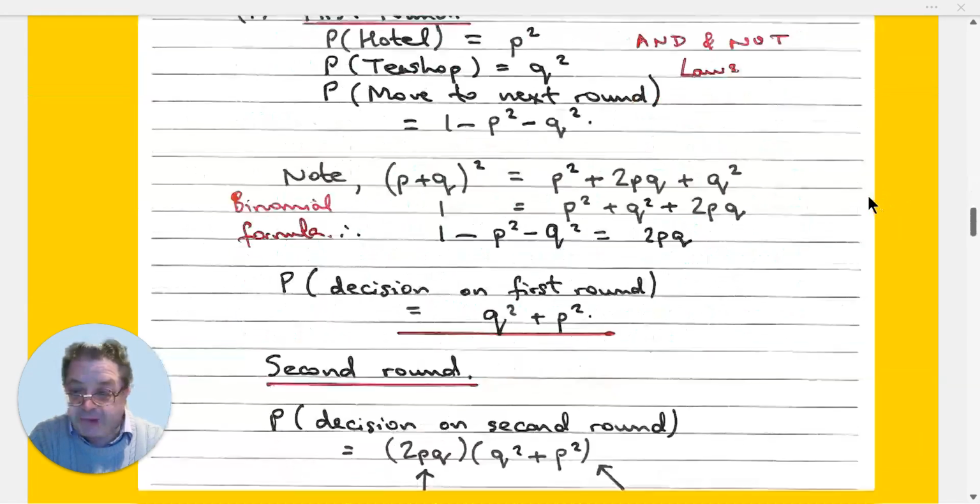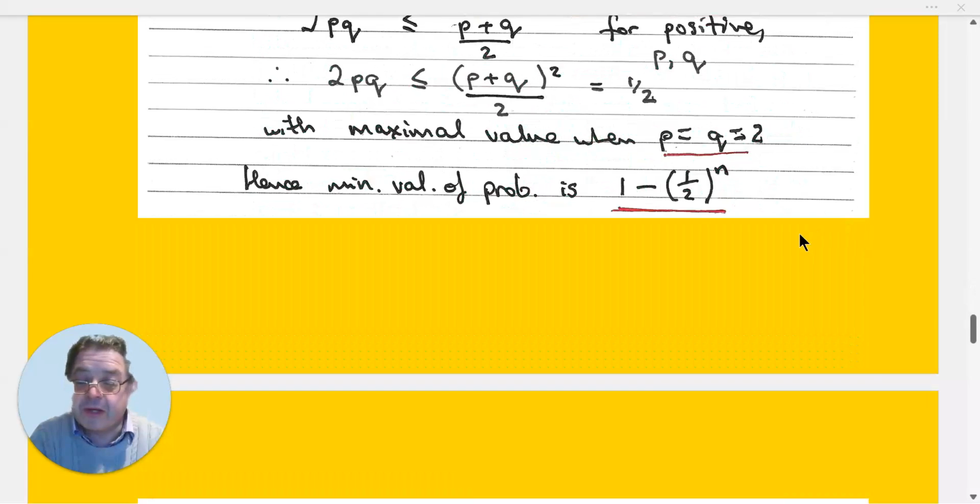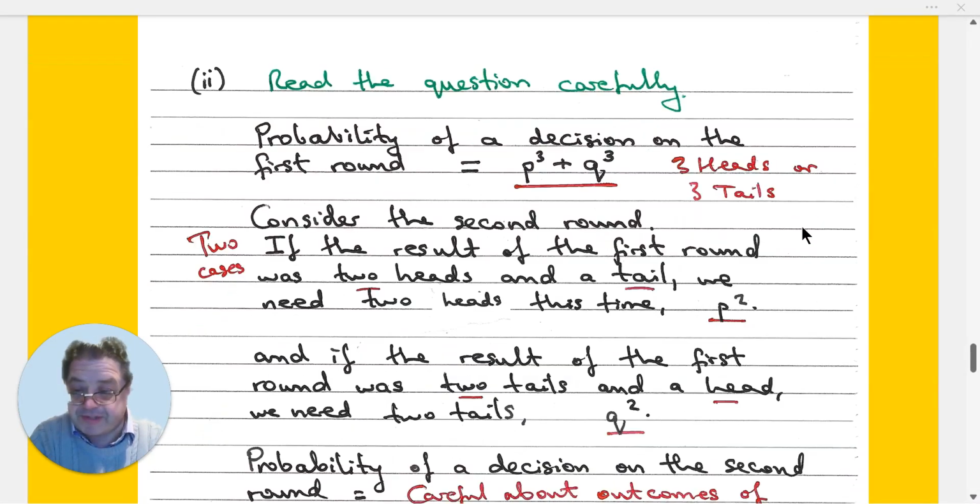So this is the only part of the question where we really need to apply some logical thought to the probabilities. For the first round, the probability of a decision on the first round will be p cubed add q cubed. That is 3 heads or 3 tails. If they don't get that, they go to a second round.